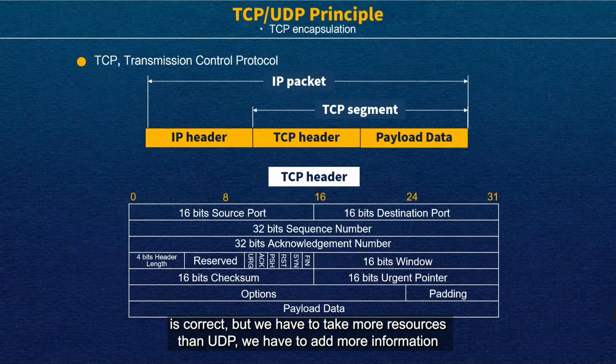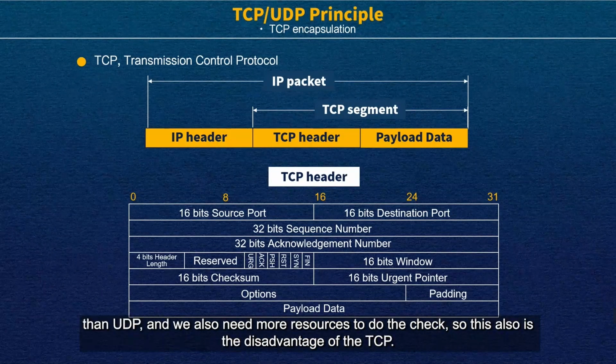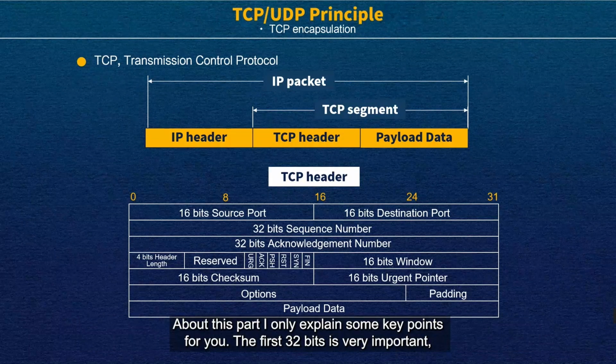We have to add more information than UDP, and we also need more resources to do the tracking. So this is also the disadvantage of the TCP. About this part, I only explain some key points for you.